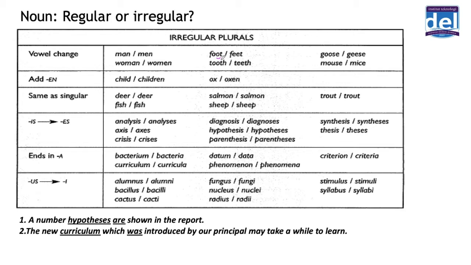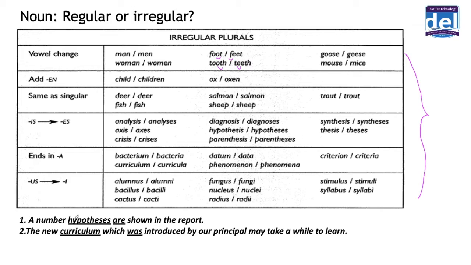For example, you say 1 foot because it's singular, and you say 2 feet, not 2 foots, because it is irregular. 2 feet, 1 foot, or 1 tooth, 3 teeth. You should be familiar with these kinds of irregular plural nouns so you can make sure if the verbs are correct or not.